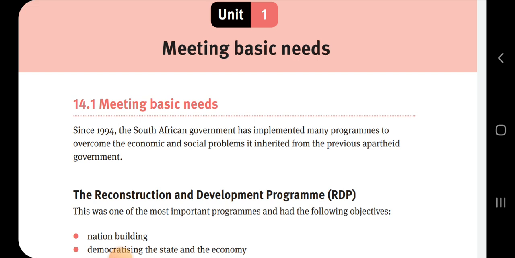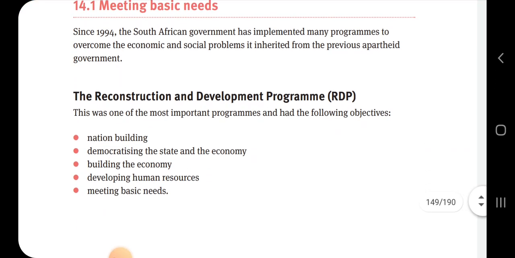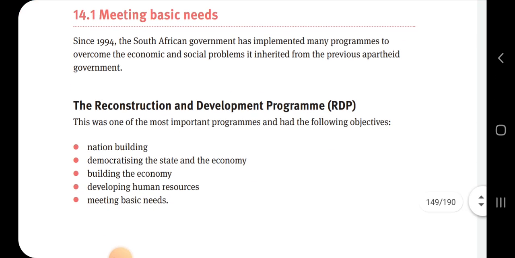So what has the South African government done to redress those imbalances of the past? For them to be able to meet the basic needs of previously disadvantaged ethnic groups, they started the Reconstruction and Development Program, which is the RDP. This was one of the most important programs and had the following objectives. Objectives are goals.